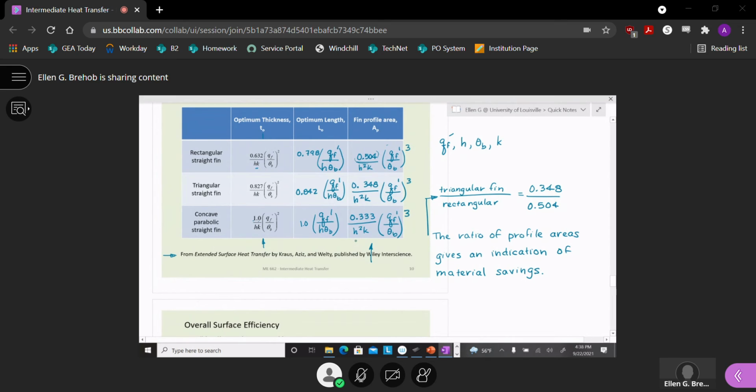And you can see, so h squared, if I can increase heat transfer coefficient, we're going to get a squared factor. It reduces the profile area. And then using a material that's got high thermal conductivity, which I think you normally think of fins, you want to use something with high thermal conductivity, is also going to reduce the fin profile area required.